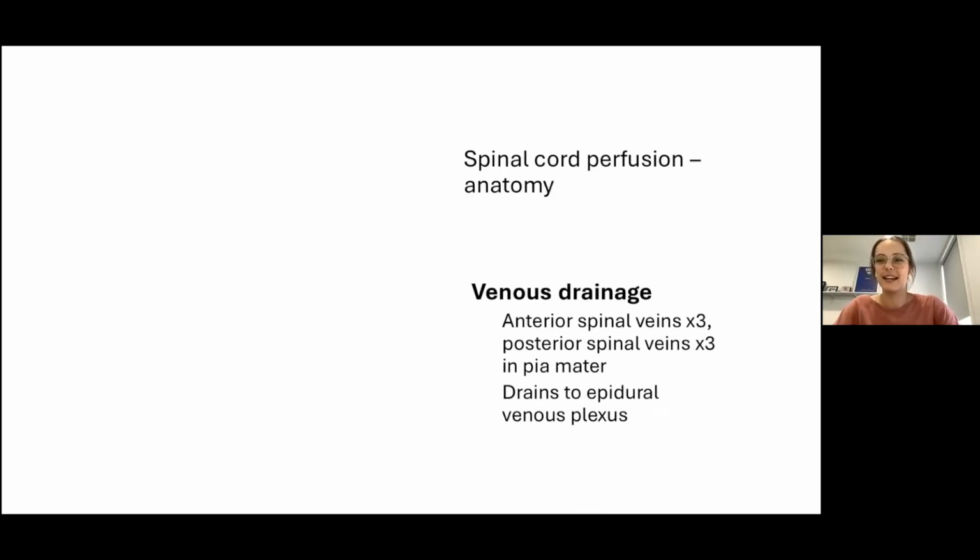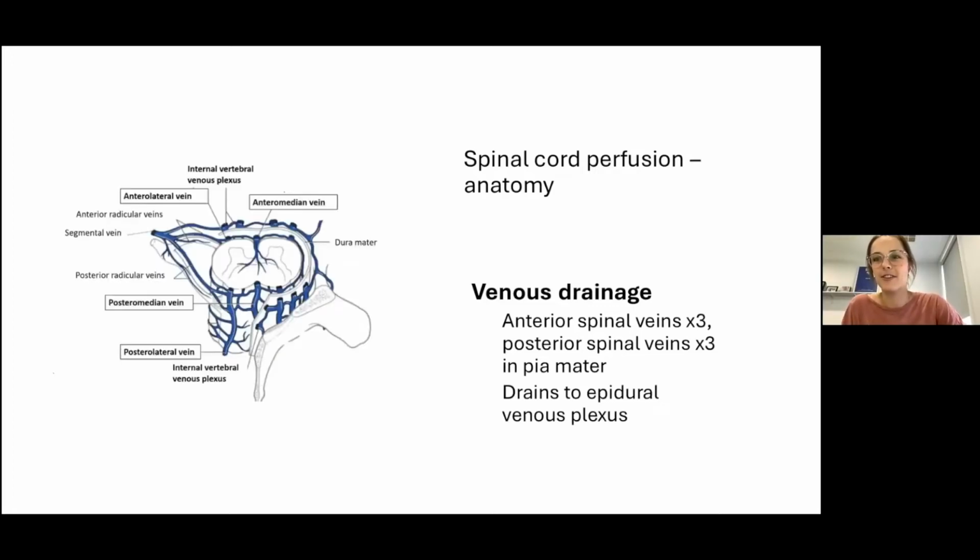So unlike the arteries, there's like twice as many veins. So you've got 3 anterior spinal and 3 posterior spinal veins that line the pia mater, and they drain to your epidural venous plexus, as you mentioned.